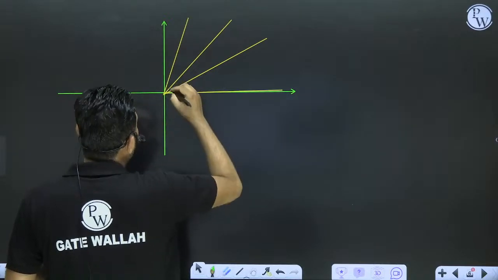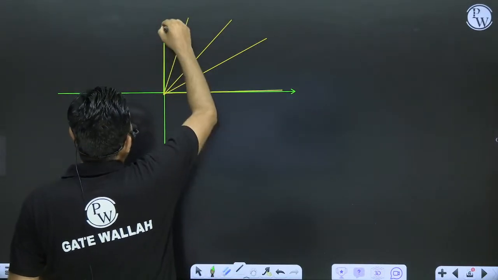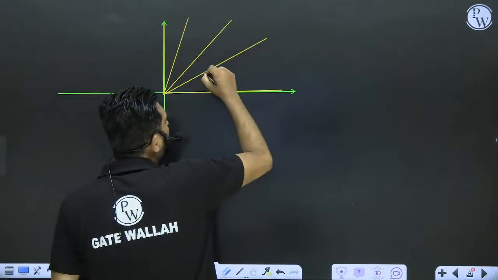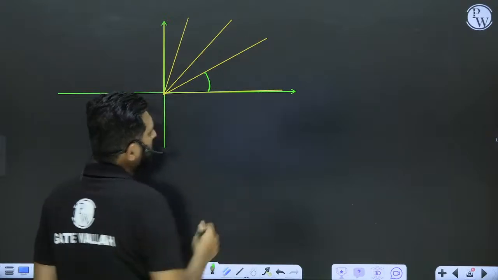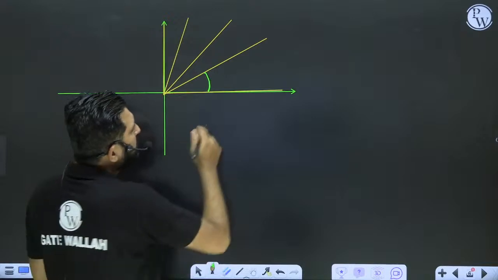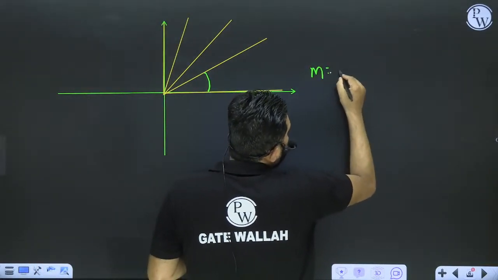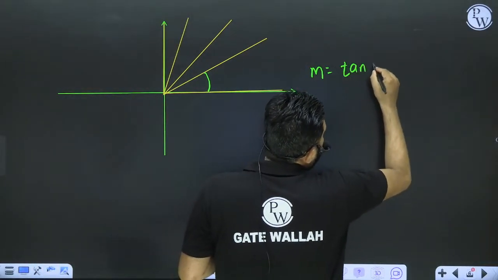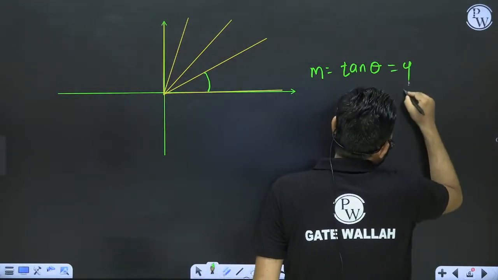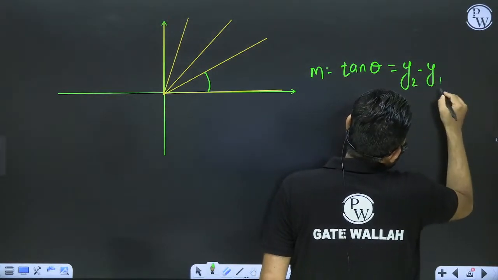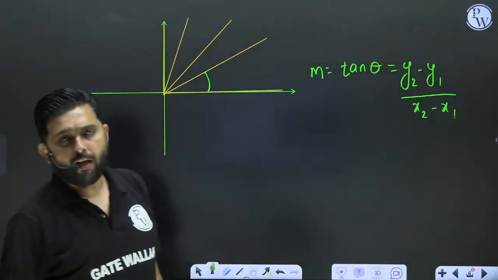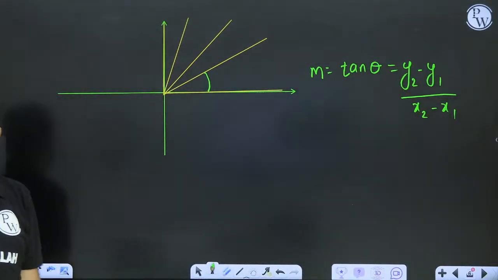The slope is basically the angle that the line makes with the x-axis. That's what the slope is, and m is denoted by tan theta. And what is this tan theta? This is equal to (y2 minus y1) upon (x2 minus x1), that is change in y over change in x.